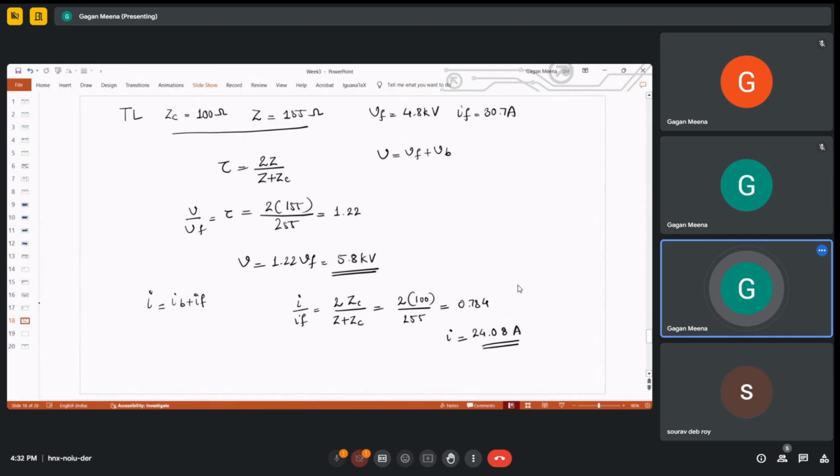Have I made a mistake here? Forward voltage and current waveform. Just a minute.